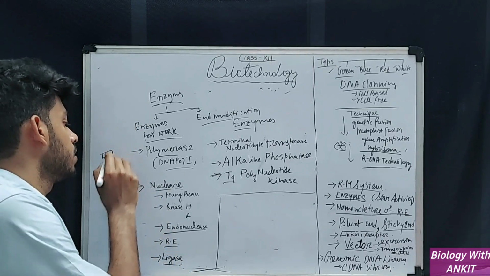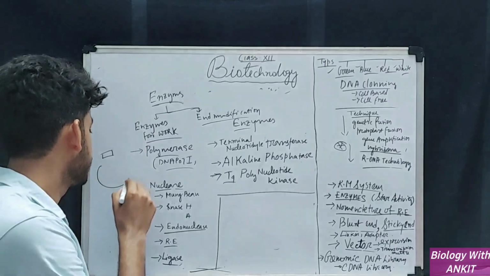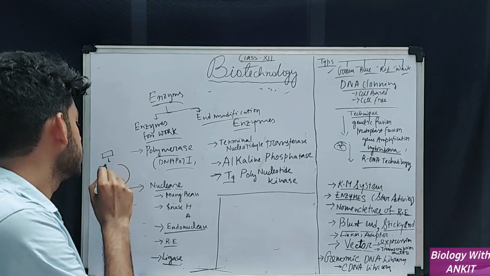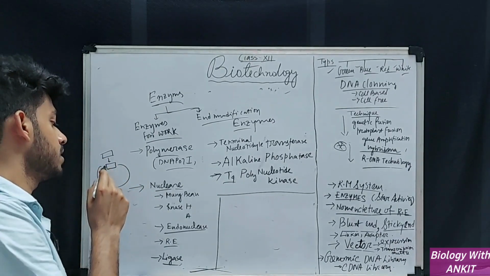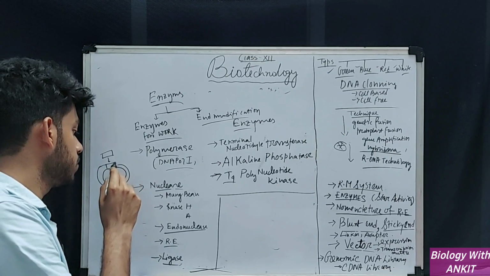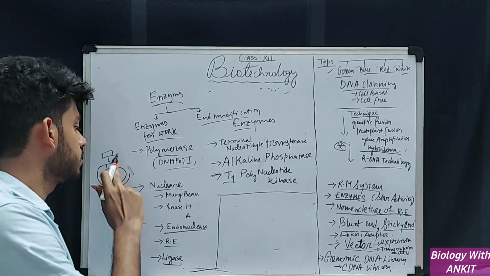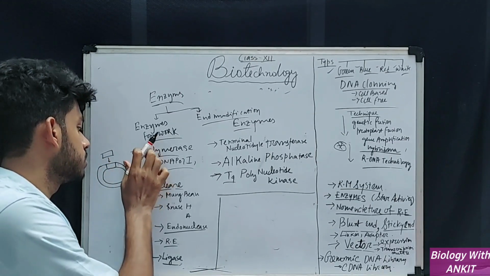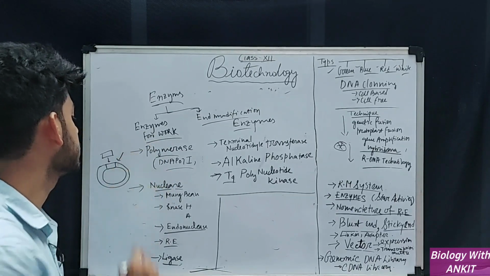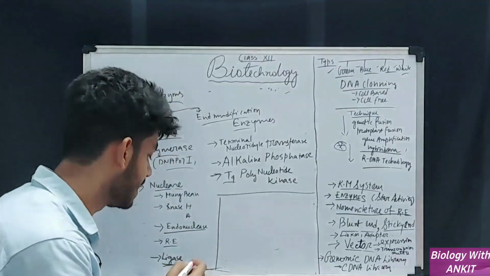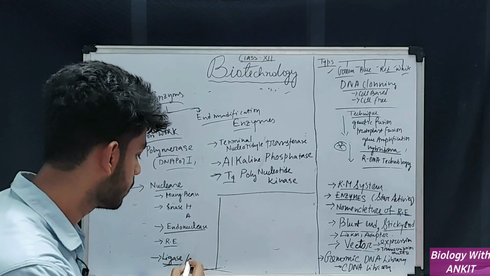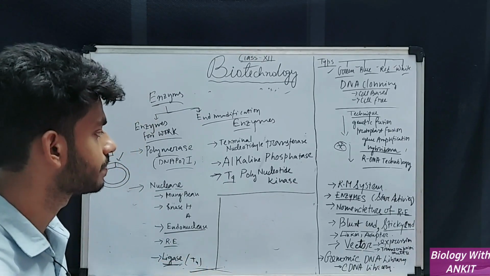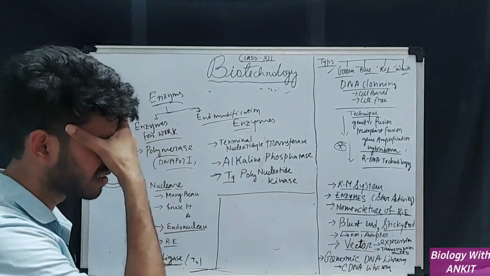And then ligase. So we have our gene of interest, and this is our vector. We need to incorporate this gene of interest and seal the portion with the vector molecule. So the sealing process is done by the enzyme ligase. Okay, ligase is also used from T4 ligase. This part is interesting.